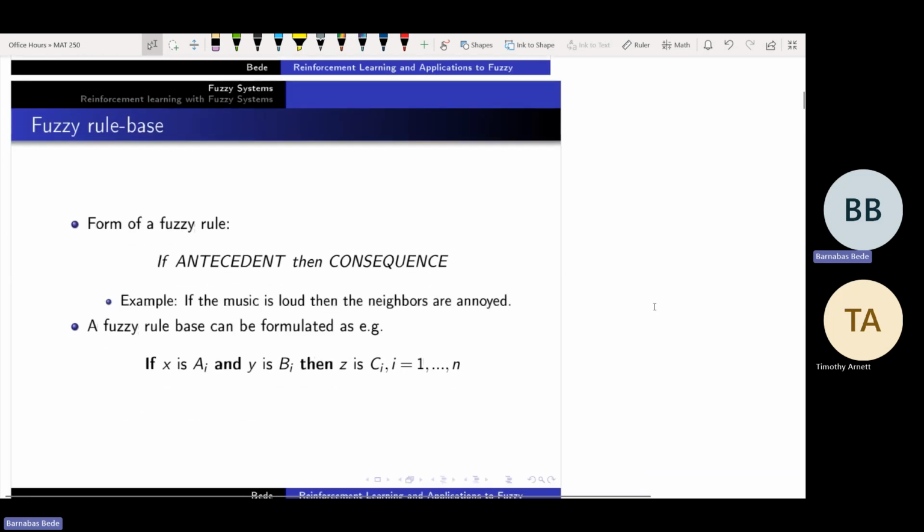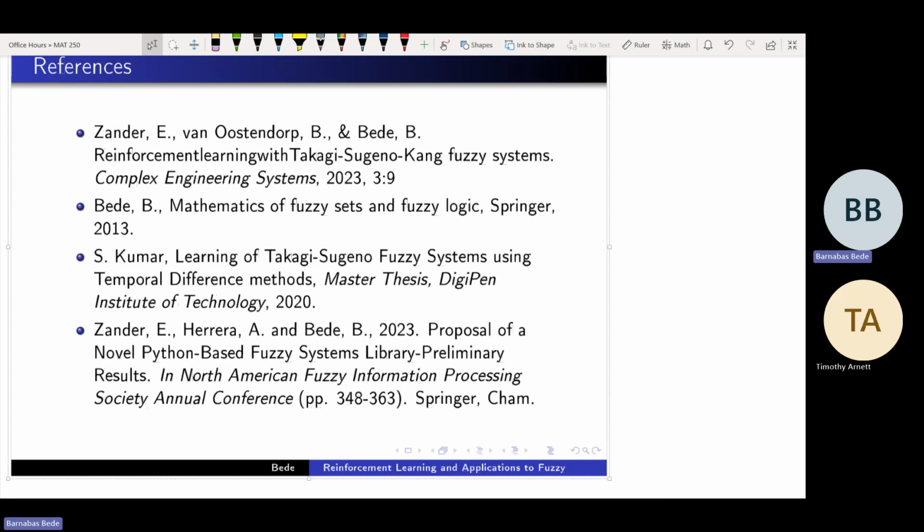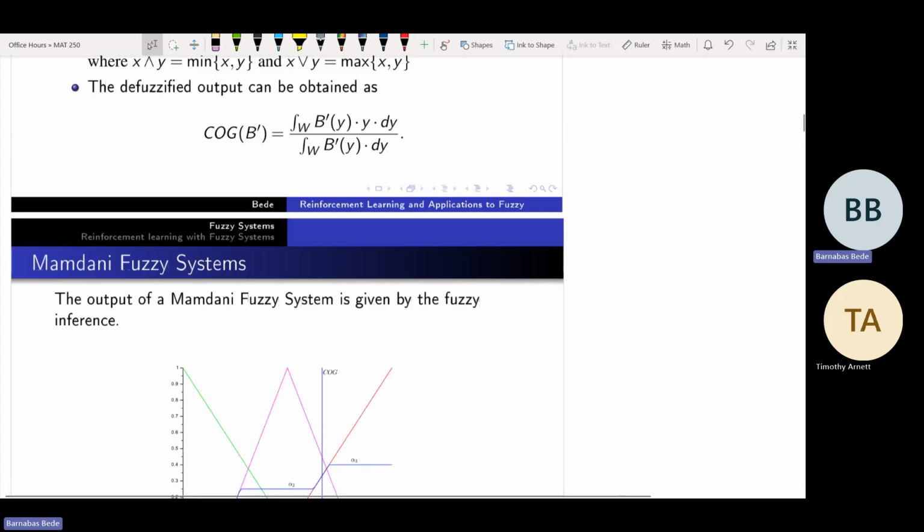So a fuzzy system, as we have already been considering, is based on fuzzy rules, which are of the form: if antecedent, or antecedents if there are multiple ones, then consequence.